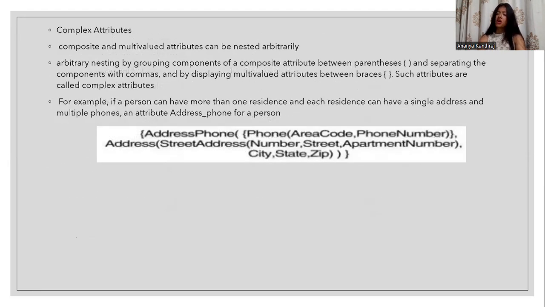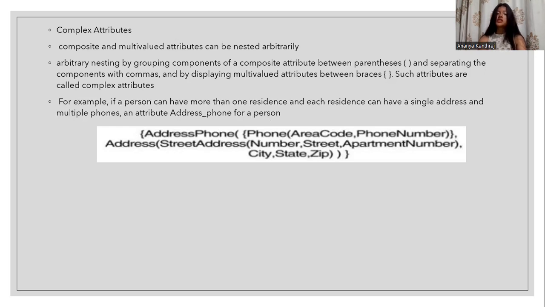Next, what do we mean by complex attributes? Composite and multi-valued attributes can be nested arbitrarily. Arbitrary nesting is done by grouping components of a composite attribute between parentheses and separating components with commas, and by displaying multi-valued attributes between braces. Such attributes are called complex attributes.